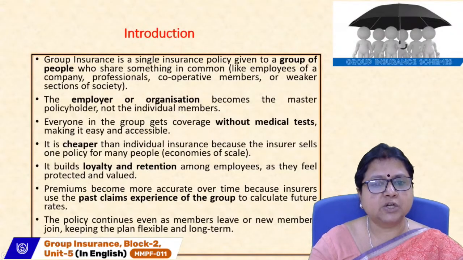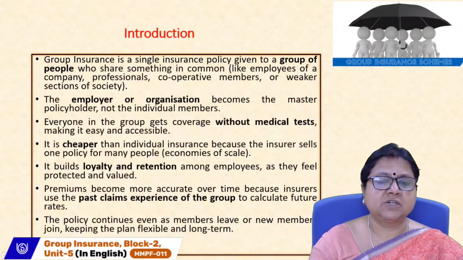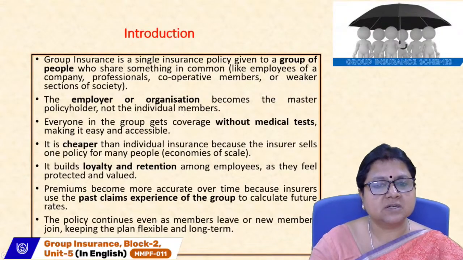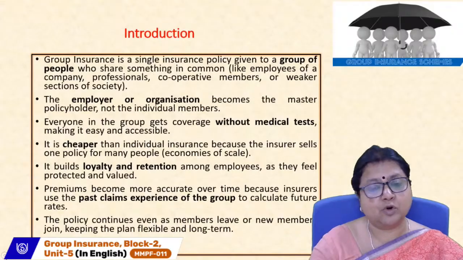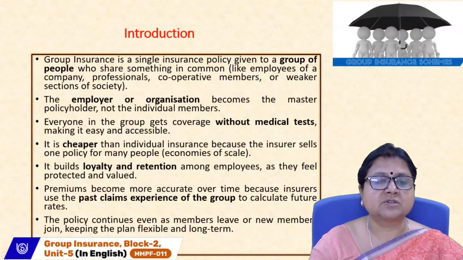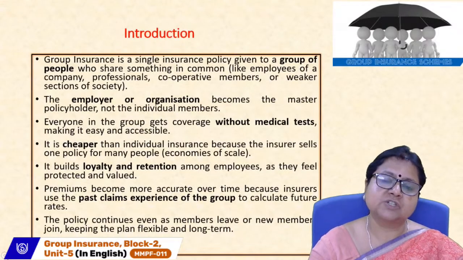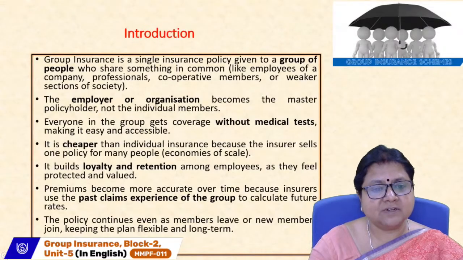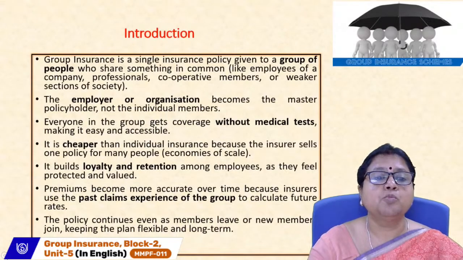So every person in the group will get coverage without any sort of medical tests, making this type of policy easier, more accessible and affordable also. It is one of the cheaper types of insurance in comparison to life insurance policies. If a particular individual is availing life insurance, then of course he has to pay a higher premium.